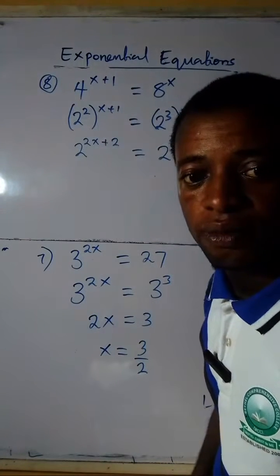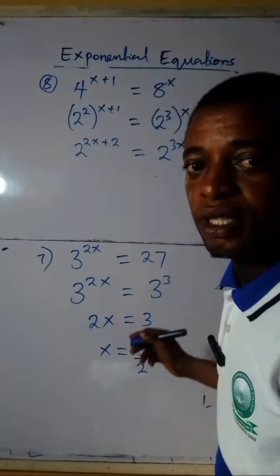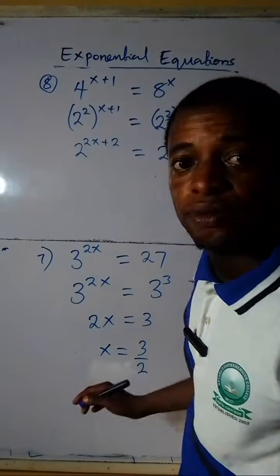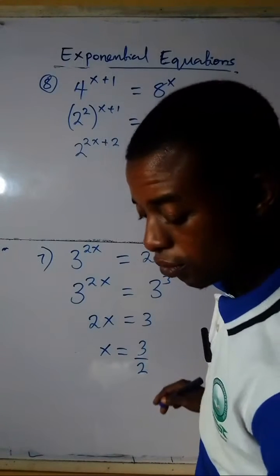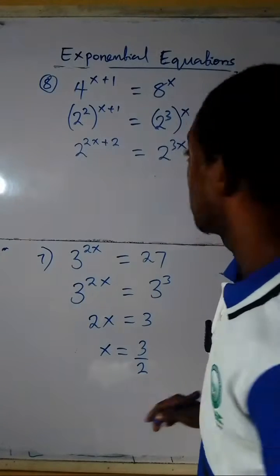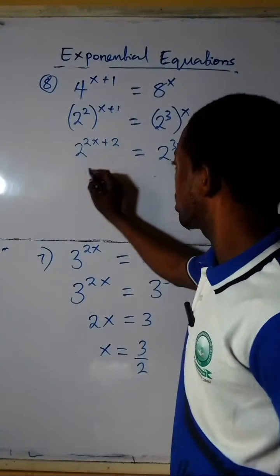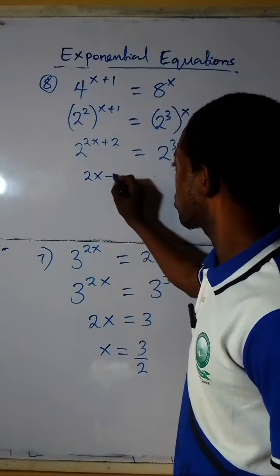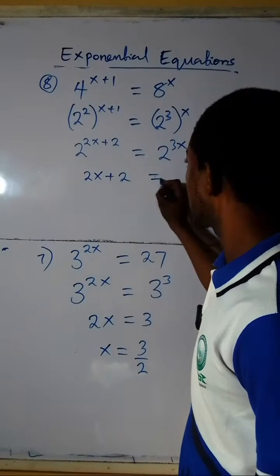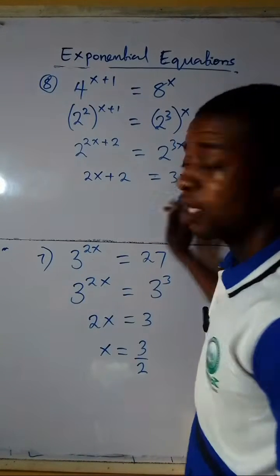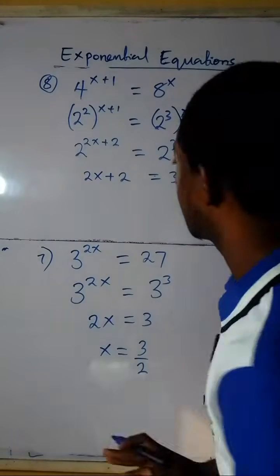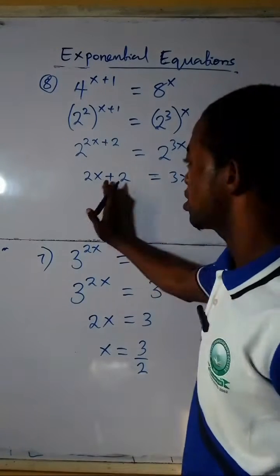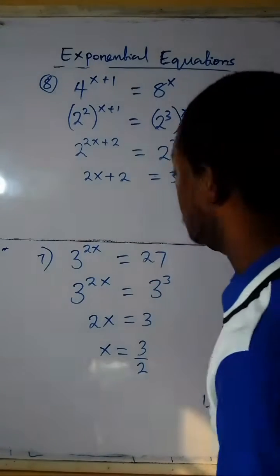And here, the bases are now equal. We have the power now, we can equate it, and we have 2x plus 2 equals 3x. And we collect the like terms. We can take x to one side, separate the one without x to the other side.